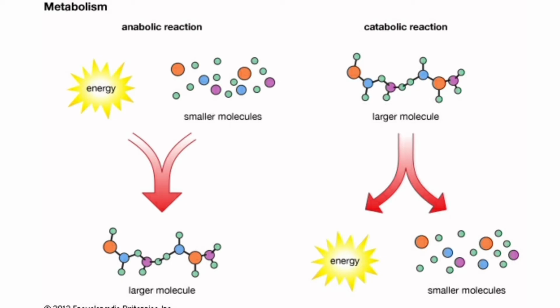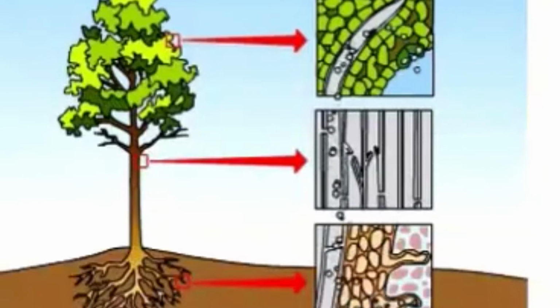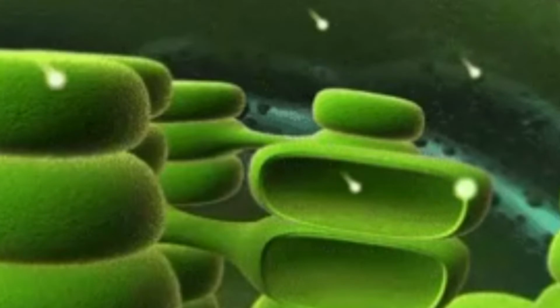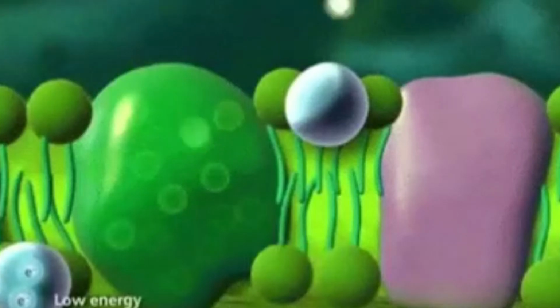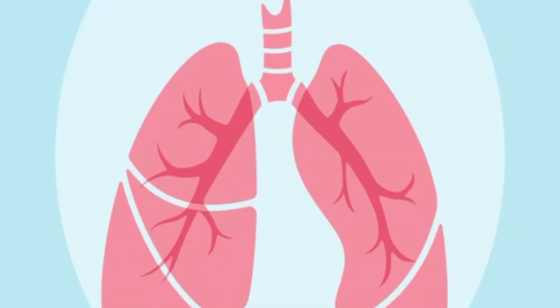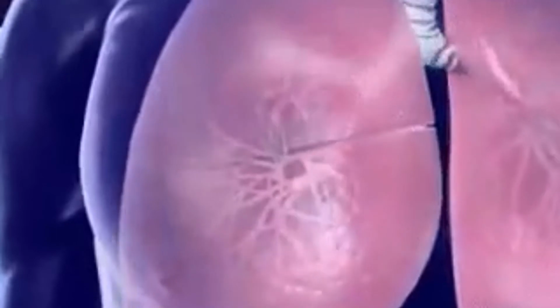Now, what is anabolism? Anabolism is a constructive reaction, that is the process of building up or synthesis of complex substances, for example photosynthesis. It is an anabolic process. While catabolism is the process of breakdown of complex substances into simpler substances, for example respiration and releasing waste outside the body.